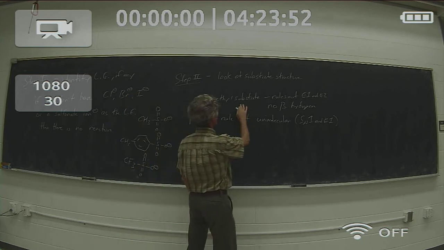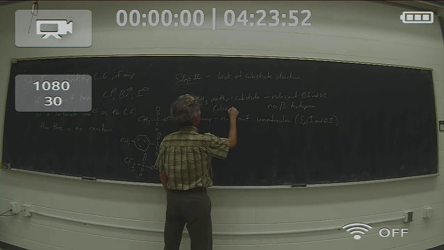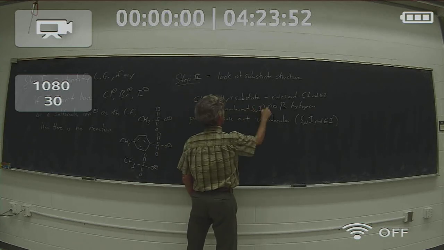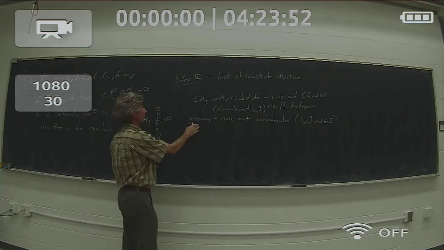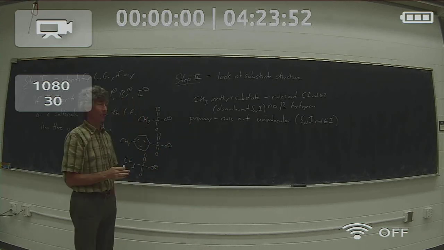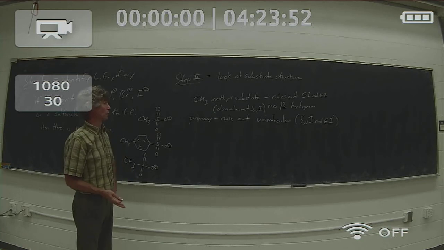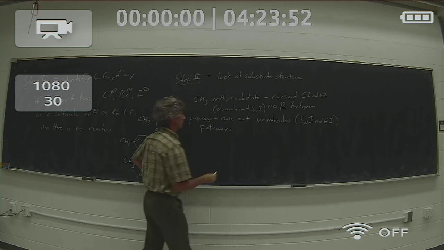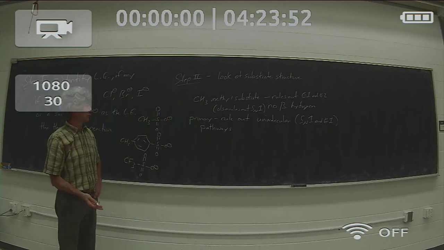So SN1 can also be ruled out in this situation, because the carbocation is too unstable. Primary carbocations and methyl carbocations are not stable enough to allow the leaving group to leave spontaneously to form that carbocation. And then we only have to worry about whether it's a substitution reaction or an elimination reaction.